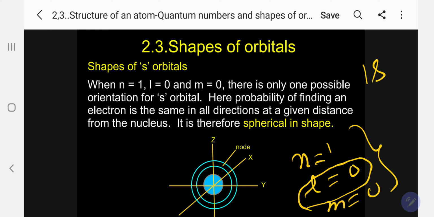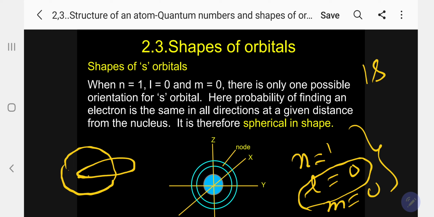But if you go for 2, there are 2 orbitals in 2, S and P. One is spherical, another is elliptical. This is according to the Bohr-Sommerfeld theory we have discussed. So 2 orbitals, one is S, another is P. P is elliptical in shape.